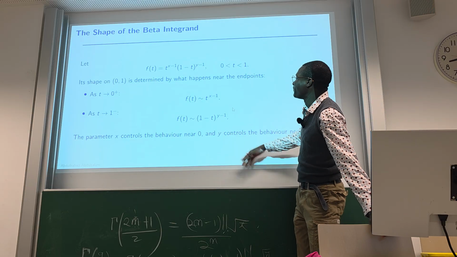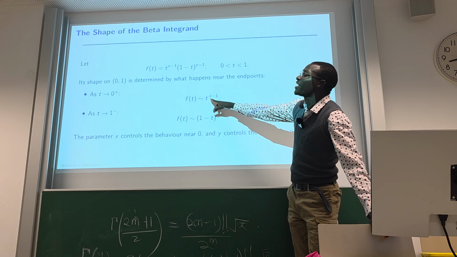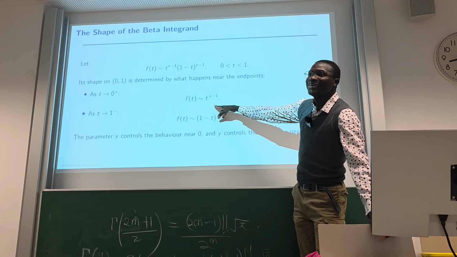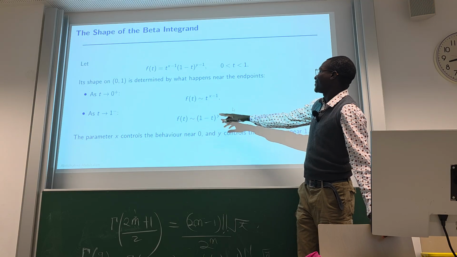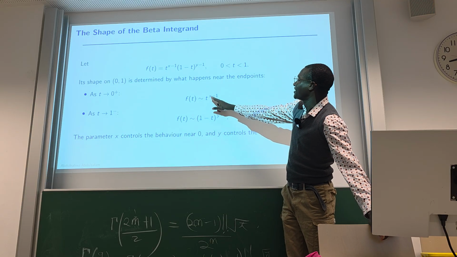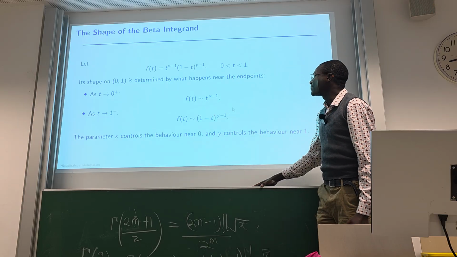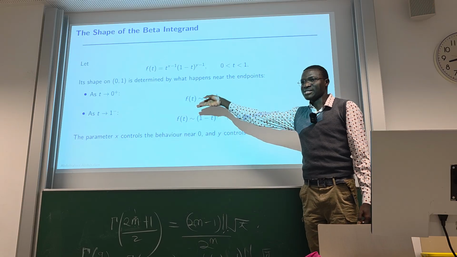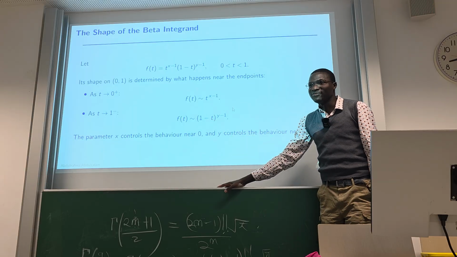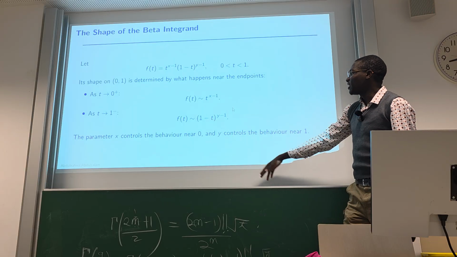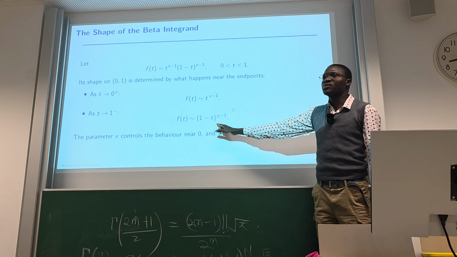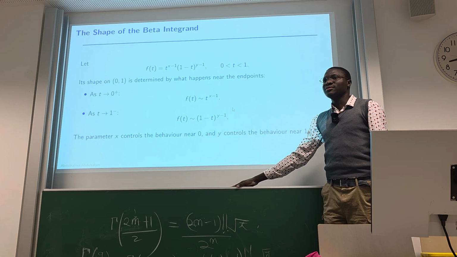Okay, I would say, well, at x equals 0, here we have a pole, okay? But not maximum, okay? At x equals 0, this becomes a pole, right? You have 1 over t, and as t tends to 0, you have infinity. And the same here, when y equals 0, we also have a pole, right?